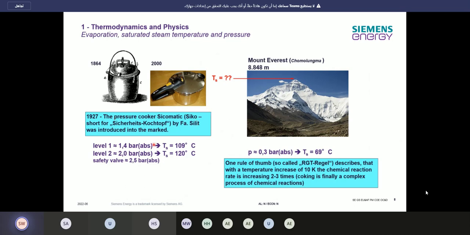So that is one way. For normal boiling we can decrease the boiling times, and then the second case is when the pressure is getting decreased, then the saturating temperature is of course also decreasing. So when you go up to Mount Everest, and you want to boil your coffee on top there, because you're so high, your ambient pressure will be lower, and therefore the saturation temperature will be lower.